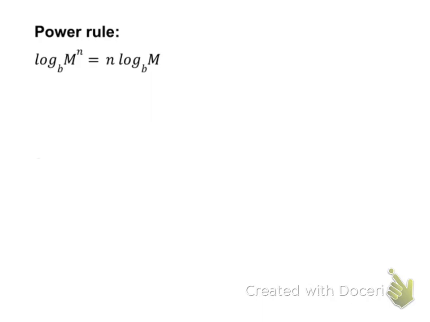This time, to get on the bus, if you have something, you need to pick it up. Rule number 1 says that if there is something in front of your log, basically your stuff, you need to pick it up. So if I have 1/2 log base 4 of 5, I need to pick up that 1/2, and the 1/2 becomes an exponent on 5.